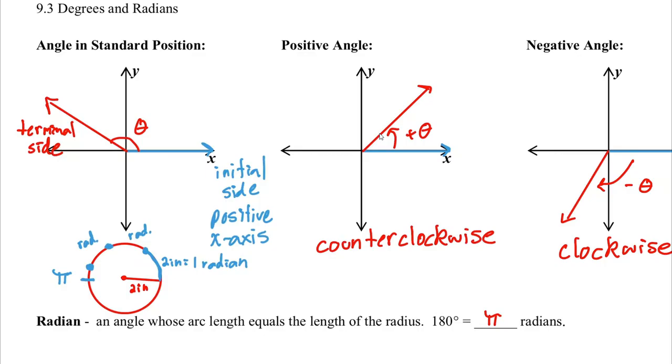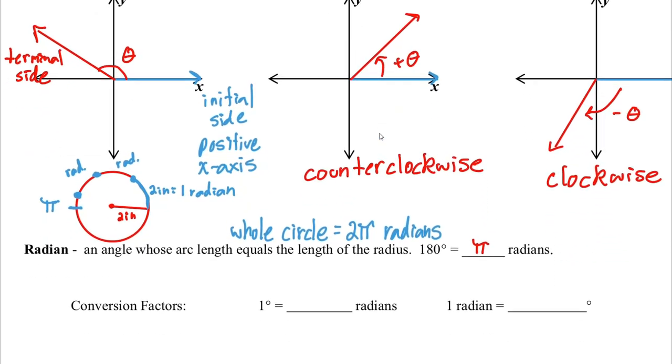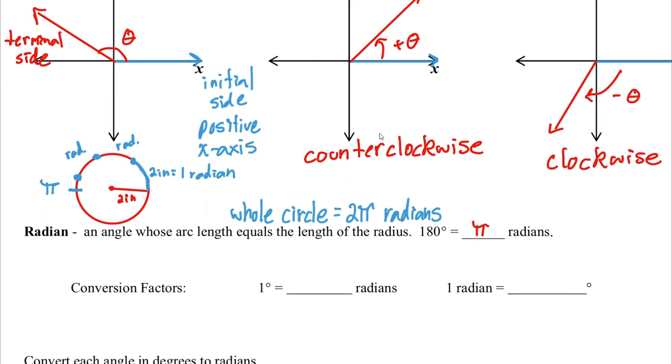So, how many radians do we think are going to be in a whole circle? 2 pi. So a semicircle, 180 degrees, is pi radians. A whole circle is going to be 2 pi. All right, so we are going to use this to convert between radians and degrees, okay?